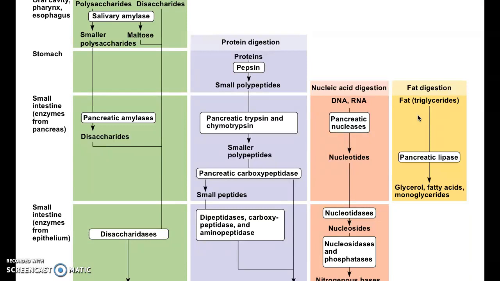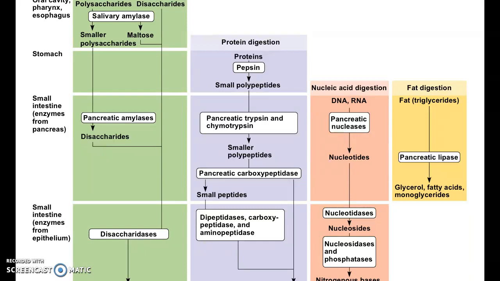Then there's a pancreatic carboxypeptidase. Anytime you see the word ending in ASE, it is an enzyme. So it breaks it down further, and then it goes into a dipeptidase, which is two peptides, carboxypeptidase, same thing, aminopeptidase. After all of this, it breaks down into its amino acids, goes through the microvilli and into the bloodstream.